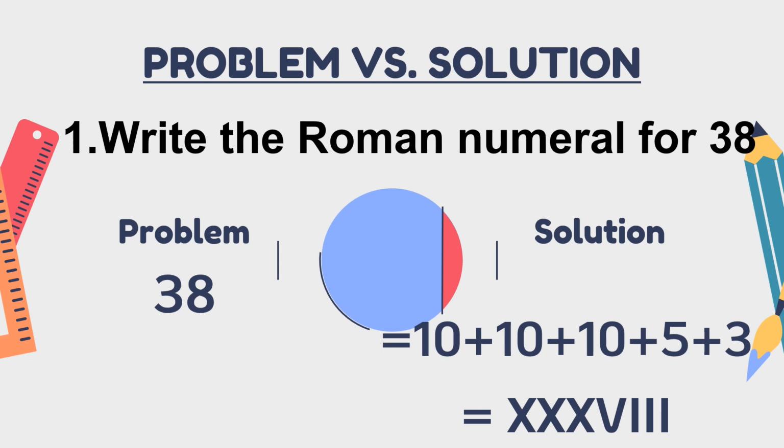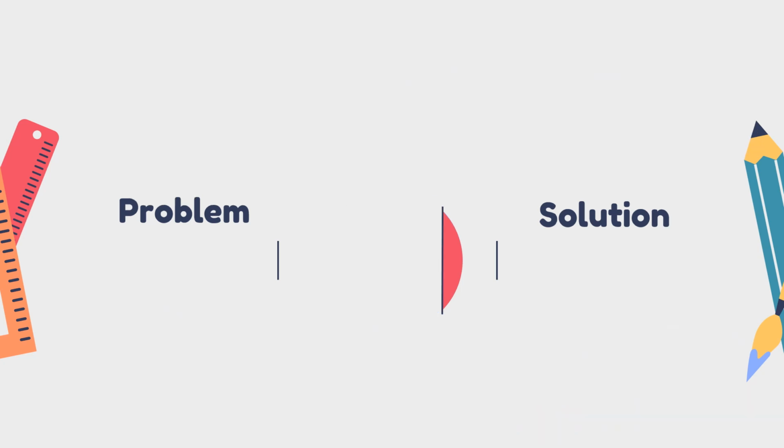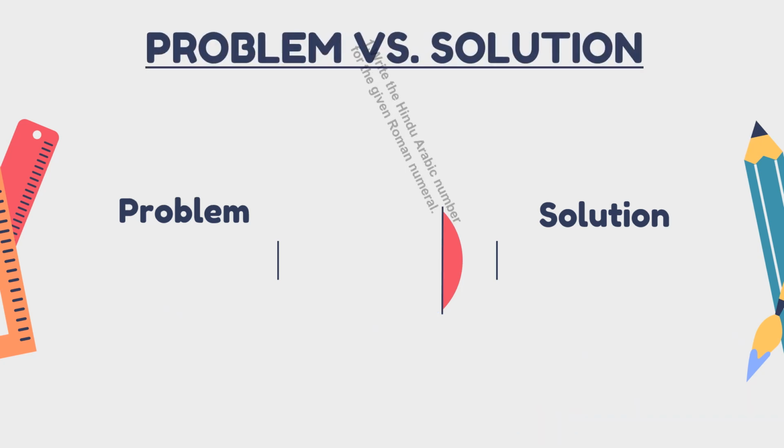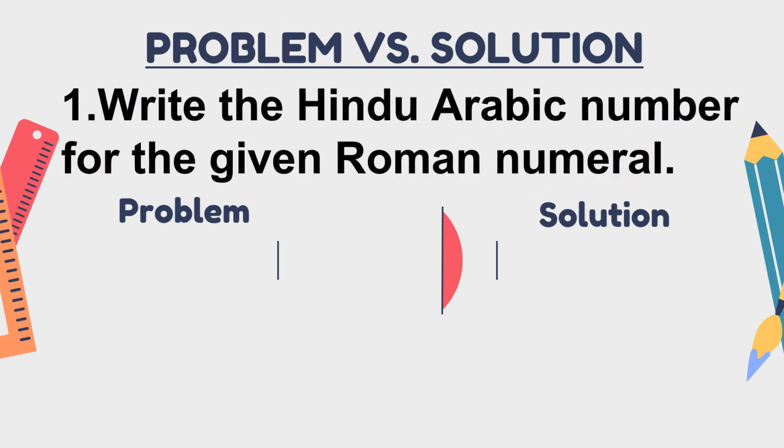Here we are going to discuss how to write the Hindu Arabic number for the given Roman numeral XIX. Children, if you observe carefully, we find X is written first. Then the smaller symbol I is placed before the larger symbol X. It means we need to subtract 1 from 10.